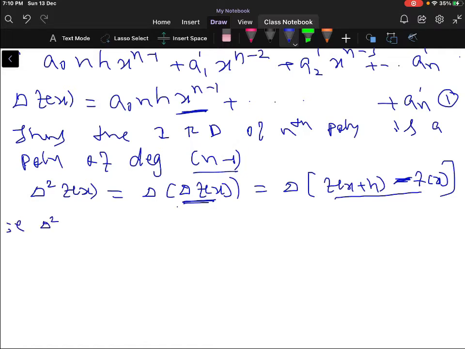So that is delta square f of x is equal to, so for delta of f of x you take f of, wherever x you go for x plus h.